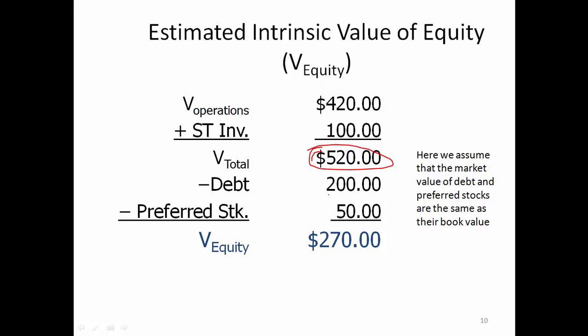So among them, debt holders would have 200 million, preferred stockholders would have 50 million, and here we assume that the market value of debt and preferred stocks are the same as the book values from the balance sheet. So subtract these from 520, the rest is the value of common equity, and that is 270 million in this case.